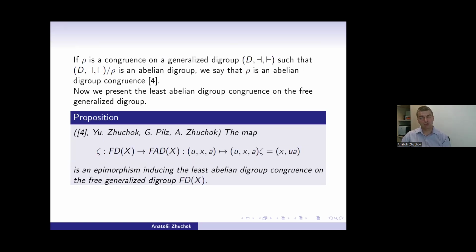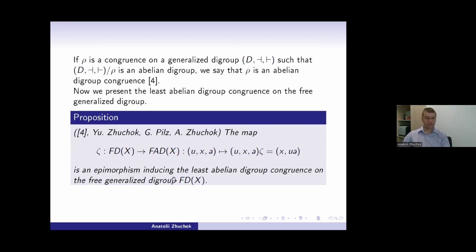Next, if rho is a congruence on a generalized group such that the factor is an abelian group, then we say that we have an abelian group congruence. And this proposition presents the least abelian group congruence on free generalized groups. So you can see a map.